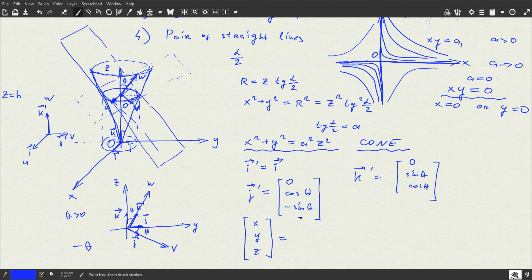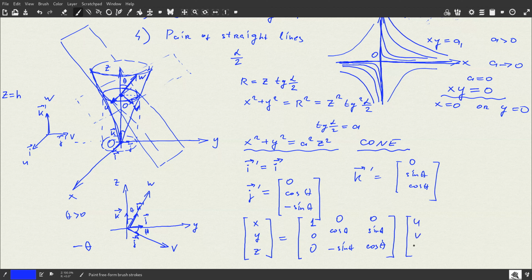So x, y, z equals to the matrix 1, 0, 0; 0, cosine theta, minus sine theta; 0, sine theta, cosine theta.